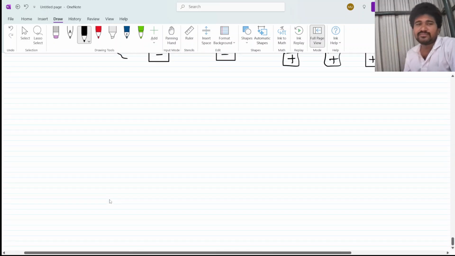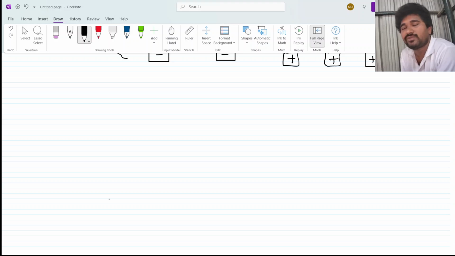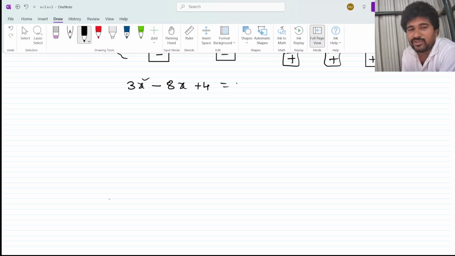Fine. For example, I gave 3x square minus 8x plus 4 is equal to 0. Tell me about the nature of the roots.